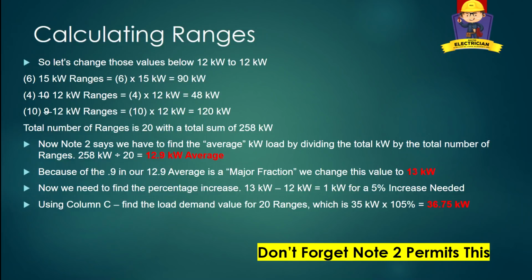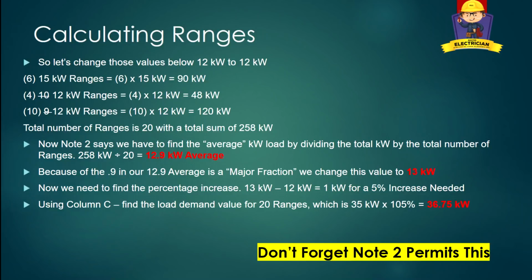Now, by how many kilowatts does 13 exceed 12? Well, we kind of had this before. It exceeds 12 by 1 kW. Or if you had a larger value, or you're doing a totally different calculation, it would be whatever that value is minus 12, and whatever is left in kW, you would increase by 5% for each individual kW and for any major fraction.